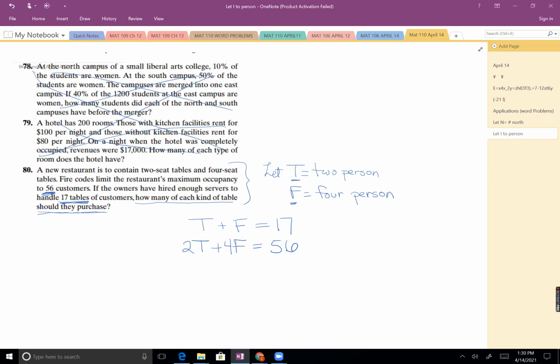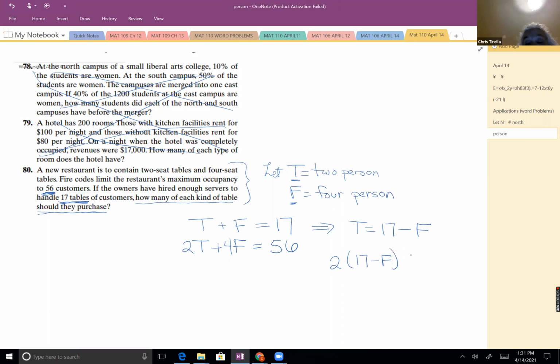T. So over here, we get T equals 17 minus F. So substituting, we'd have 2 times 17 minus F plus 4F equals 56.